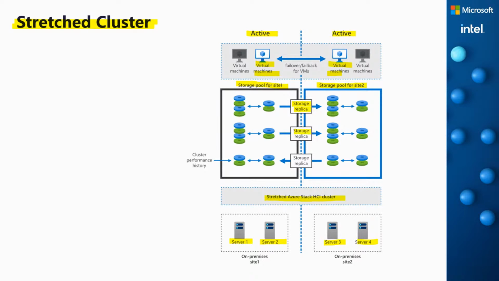But regarding the implementation and the handling in the Windows Admin Center, it's a single stretched Azure Stack HCI cluster that uses the Storage Spaces Direct technologies in each site and the Storage Replica technology between the sites.